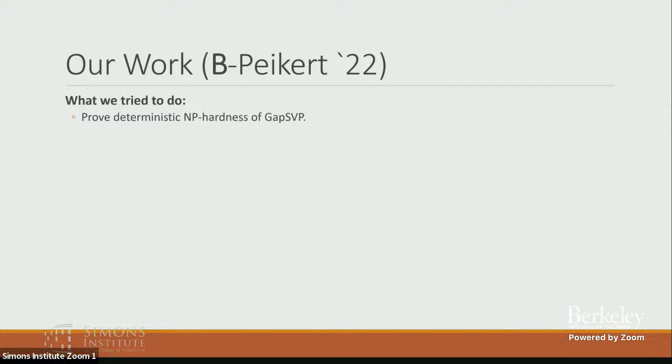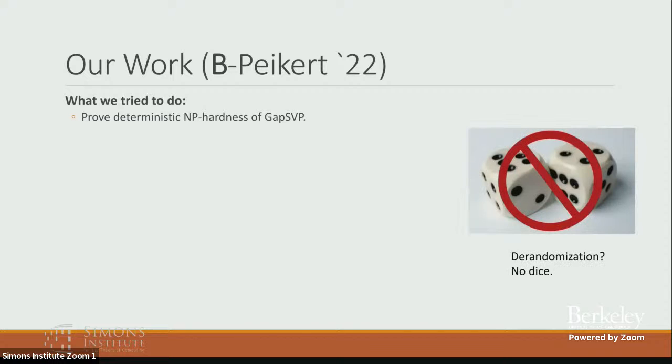We started with a lot of what he had done and what other people had done, what Cai and Nerurkar had done for MVP, and tried to adapt it. Unfortunately, we didn't succeed with this.